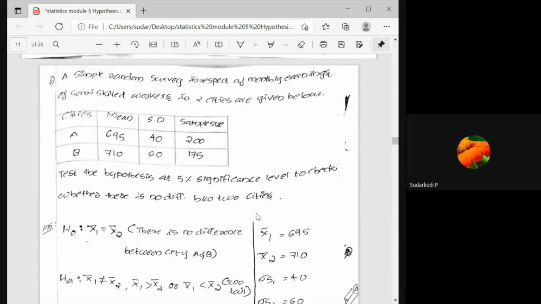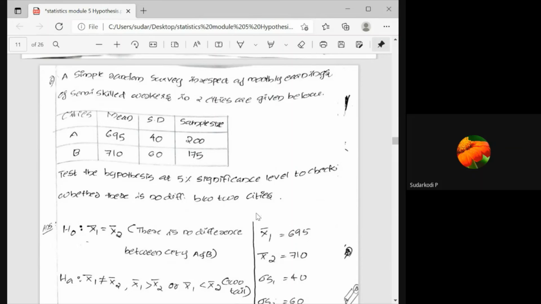Since the sample mean from city A is equal to the sample mean from city B, there is no difference between city A and city B. That's what you are going to conclude. If I take samples from city A, the perception of people from city A and the perception of people from city B are the same. That's what you conclude from your null hypothesis.